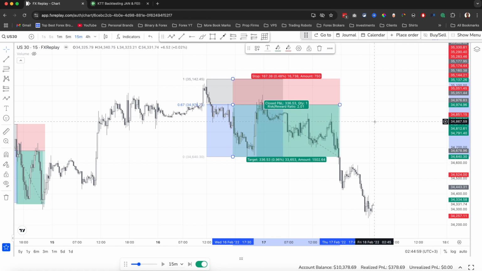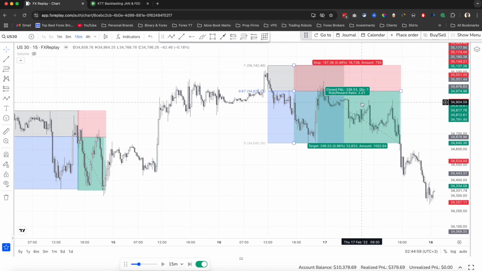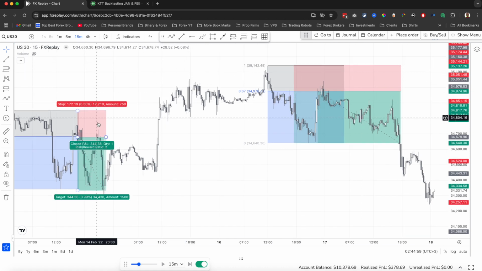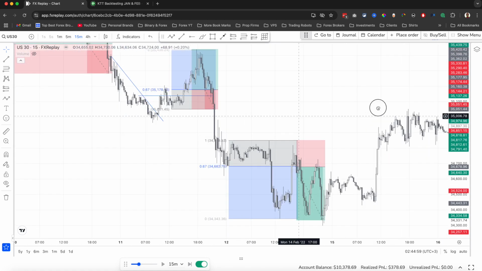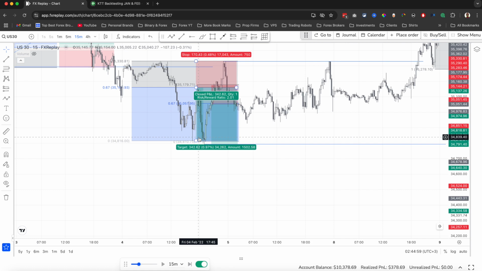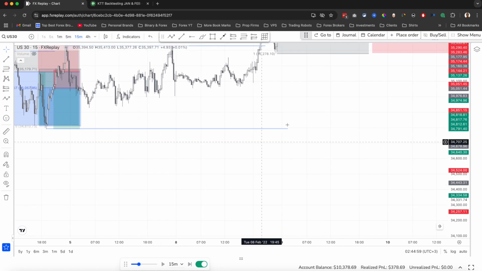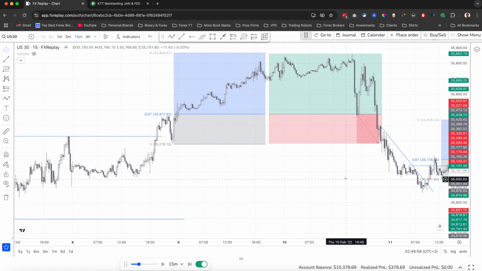We only take 1:2 and we are out, right? And 1:2 is not exactly 1:2. Like this one was 1:2.1. This was exactly 2. And this one was exactly 2.01, right?